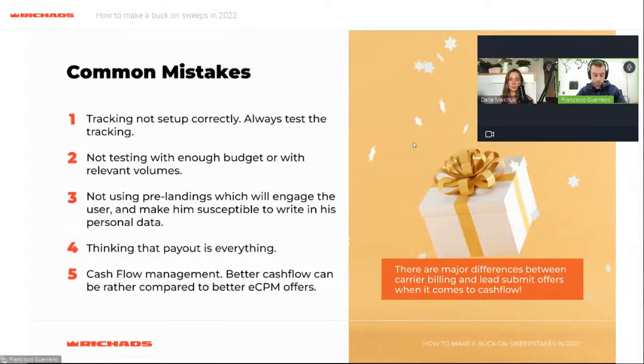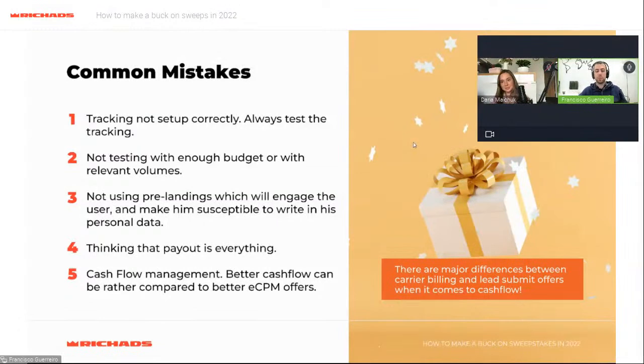Now, mistake number 4, it's also something that I see a lot from my affiliates, is the fact that payout is not everything. Please be aware that the payout is the price of the sale that you receive, okay? And an advertiser can decide to withhold sales if he wants.